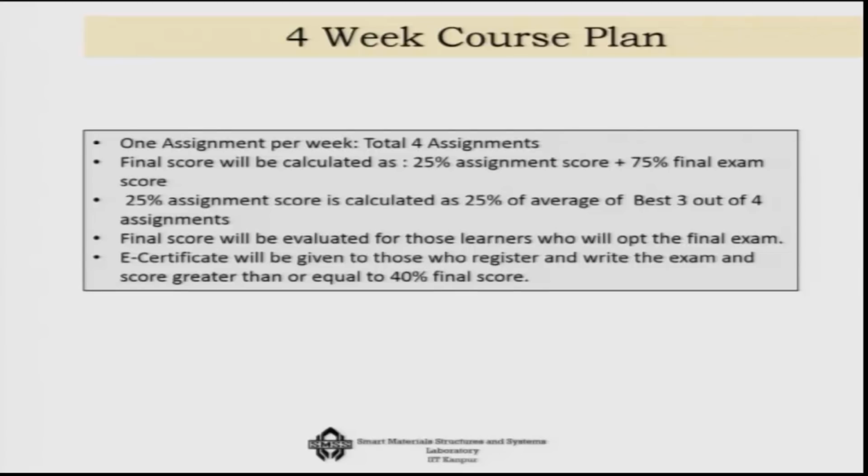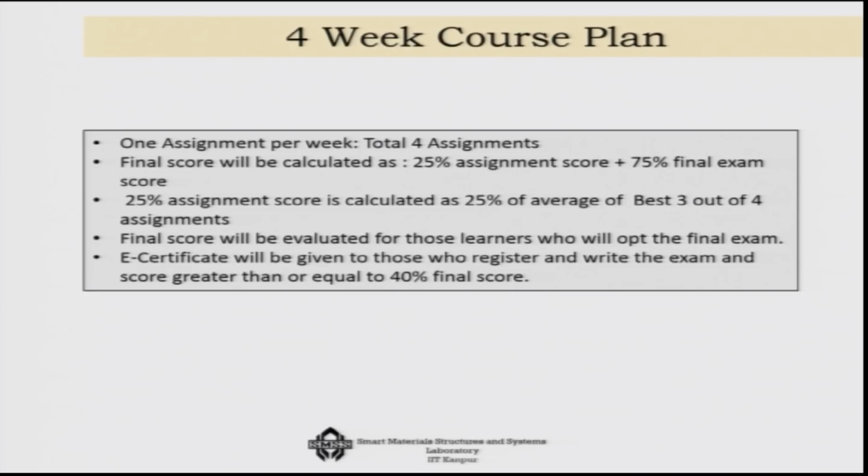Now, this is the course plan in terms of how we will run the assignments. We will be having one assignment per week, so in total there will be 4 assignments. The final score will be calculated on the basis of 25% of the assignment score plus 75% of the final exam score, which is optional.